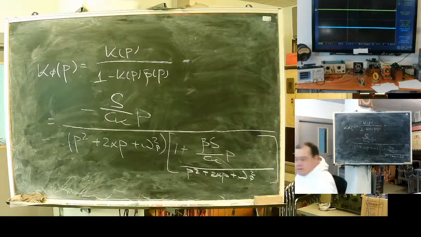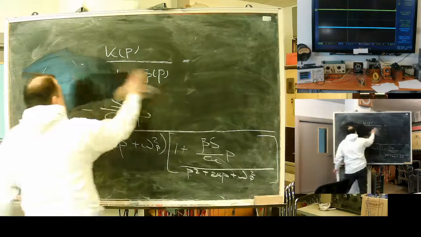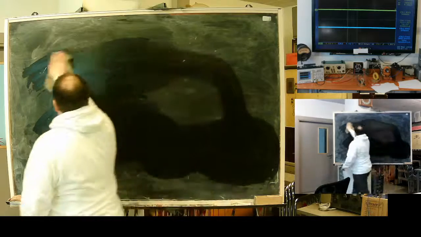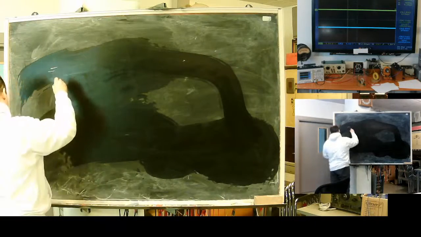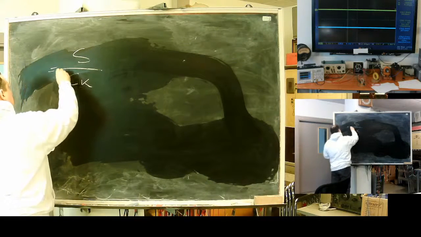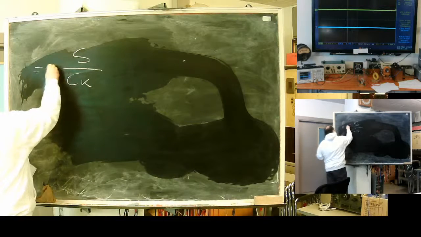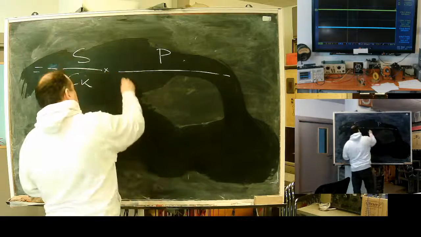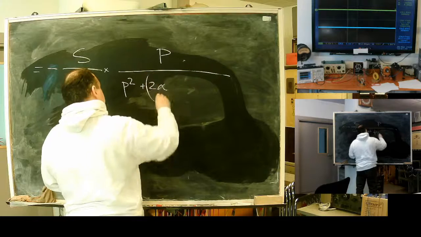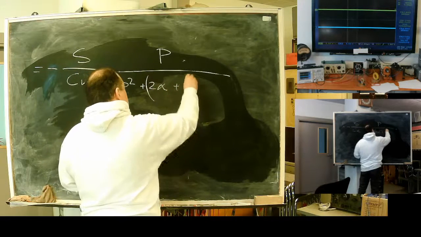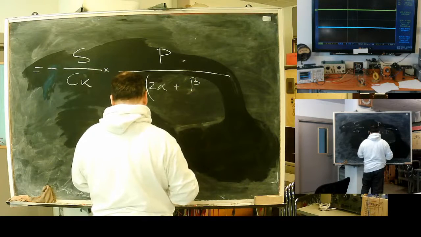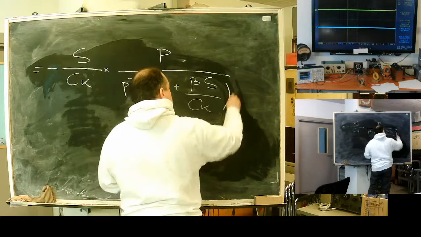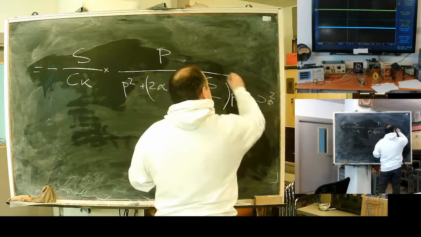Okay, let's make it clear. So it will be, I need a minus sign here, multiplied by frequency divided by contour capacitance times frequency plus omega 0 squared.